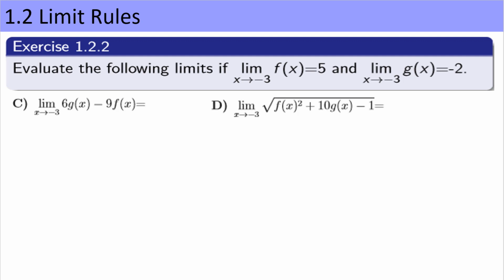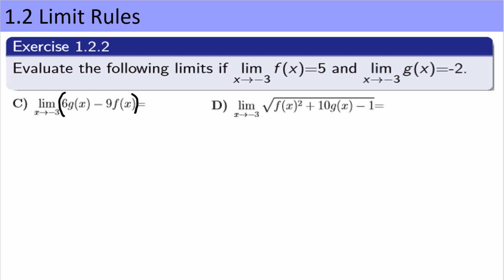Let's continue. We've got part C, and this is the limit as x approaches -3 of, and let's go ahead and treat this as the quantity 6 times g of x minus 9 times f of x.